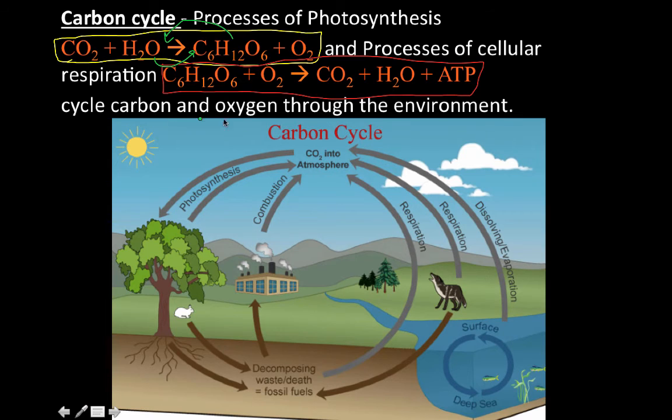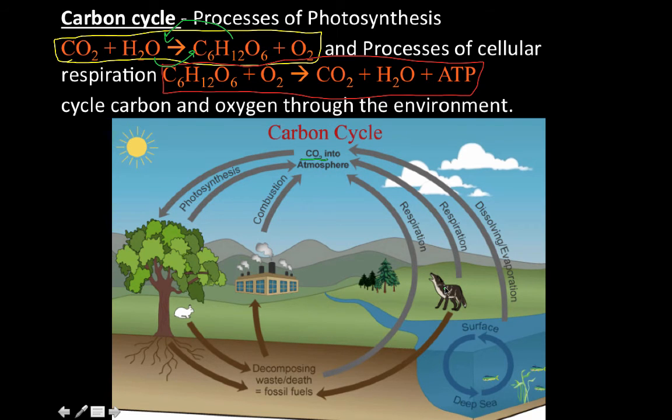What's it showing you? It's showing a carbon cycle, carbon and oxygen cycling through the environment. Carbon dioxide is a key component of that. If you look at this diagram, you'll have to know this pretty well. We're showing respiration, and how CO2 is given into the atmosphere and then taken out of the atmosphere. So how does CO2 get there?